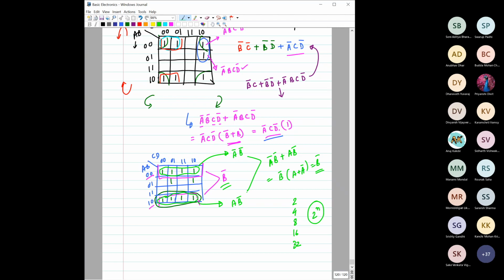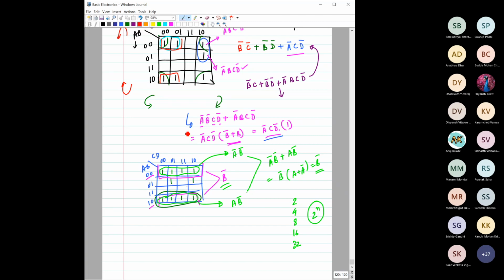Okay, let me tell you one more thing. Suppose in some Karnaugh map, in some position there is some one, which you are not able to make a group of with any of the other ones, right? Then you have to write that term separately. Are you getting my point?